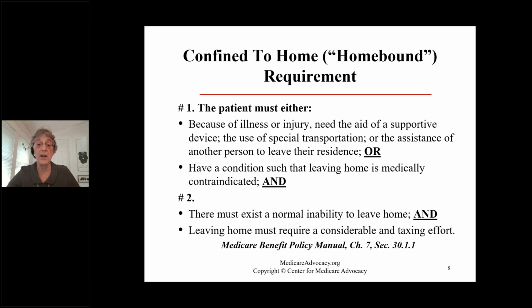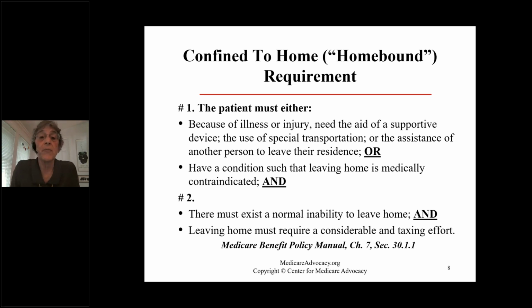The second prong is that there must be what's called a normal inability to leave home. That is, that this individual generally cannot leave home regularly, and leaving home must require a considerable and taxing effort.